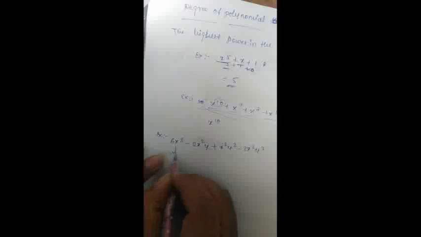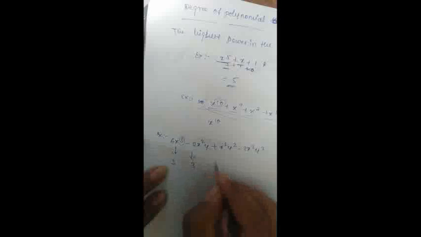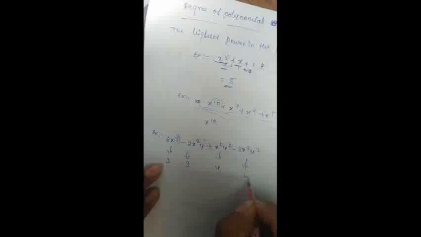Here we have 3 as the degree. Here 2 plus 1 is 3. Here we have 4, 2 plus 2. Here we also have 4. So 4 is the highest sum, so the degree of the polynomial is 4.